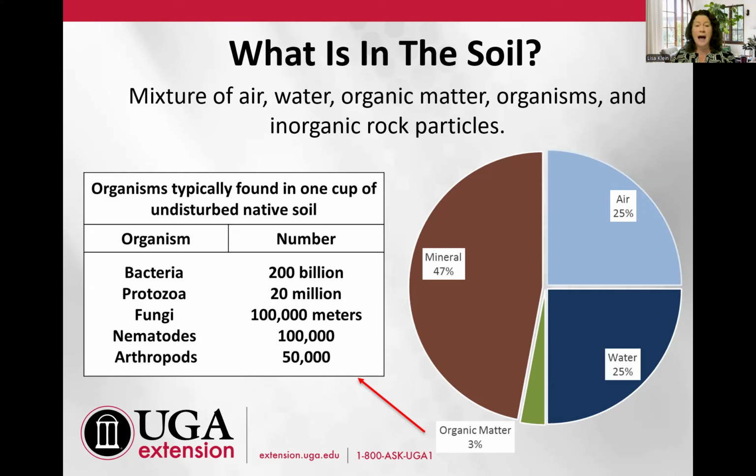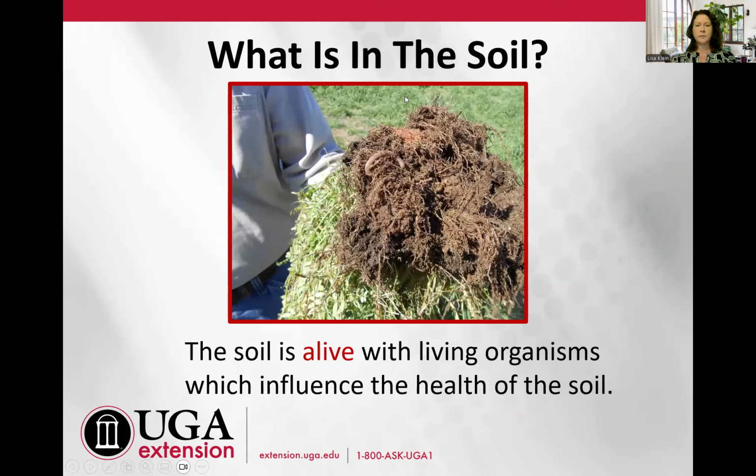So that's a lot of organic stuff that lives in about 1 cup of soil. So basically, you've learned the soil is going to be very alive with all sorts of stuff, and that can influence the health of the soil.